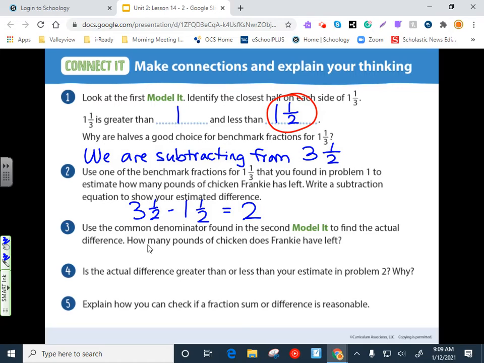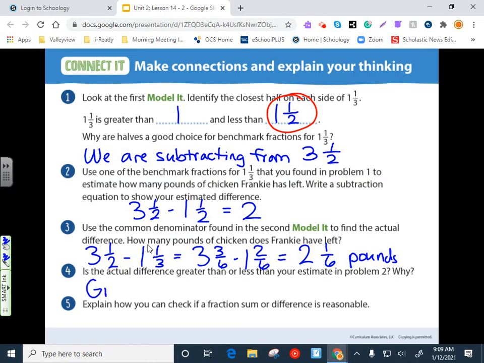How many pounds of chicken does Frankie have left? Well, we knew that 3 1/2 minus 1 1/3. When we made equivalent mixed numbers, we got 3 3/6 minus 1 2/6, which gave us a final answer of 2 1/6 pounds. Is the actual difference greater than or less than your estimate in problem 2?